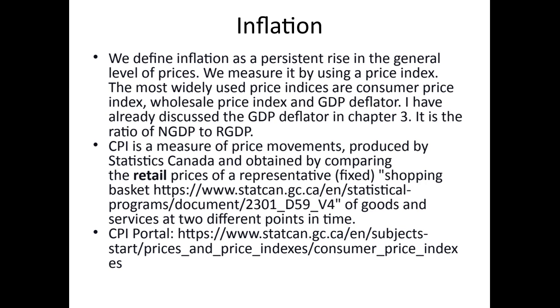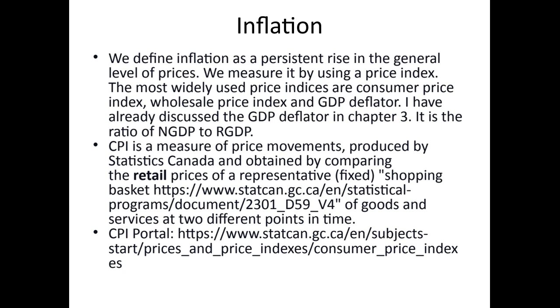Consumer price index, which we normally write as CPI, is a measure of price movements produced by Statistics Canada and obtained by comparing the retail, I bold this word, prices of a representative fixed shopping basket.